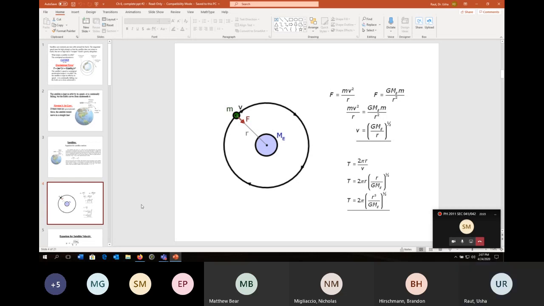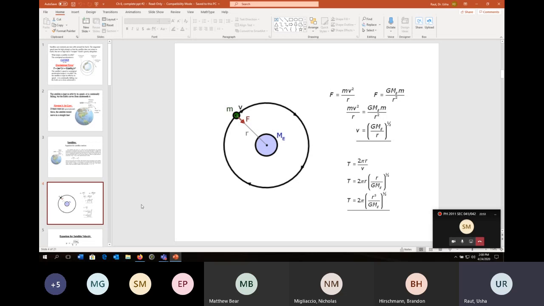So if I take the orbital velocity from the top and plug it in down in T, you'll get that expression for T. It's not really necessary to remember that, just remember that time is distance by velocity, right? The distance here is 2 pi r, and the velocity is v.